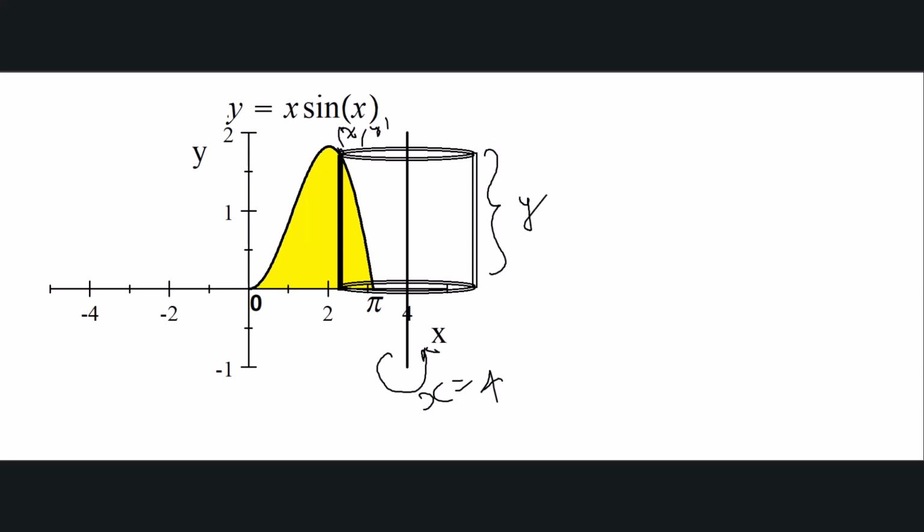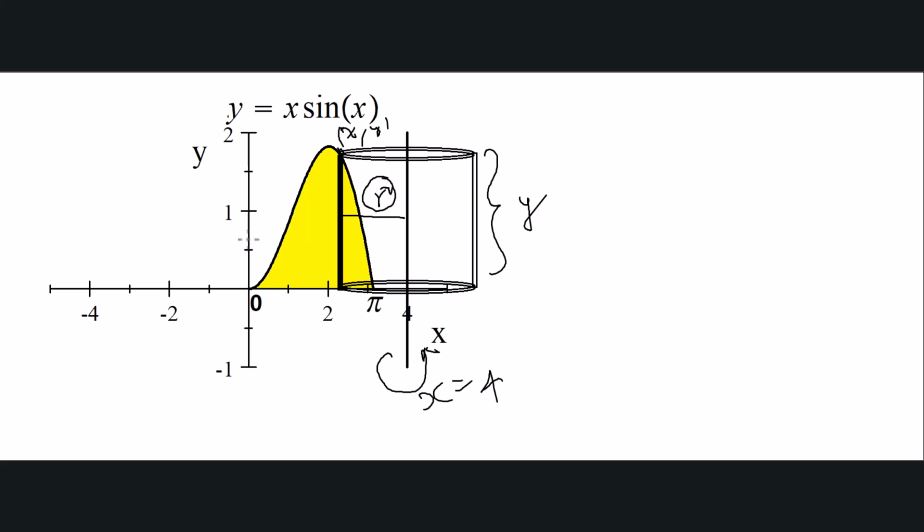the altitude of this shell is still y, but the radius changes, right? Earlier our radius was the distance from the y-axis to the basic element, but now it is from x equals 4 to this element. So let's see what r will be, the radius here.